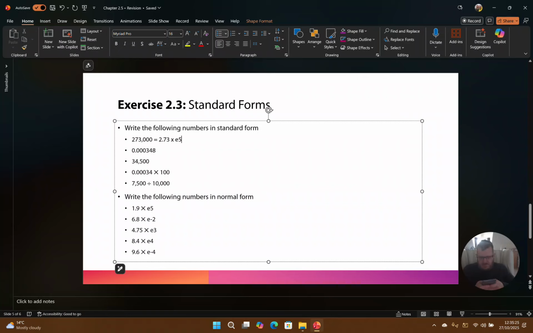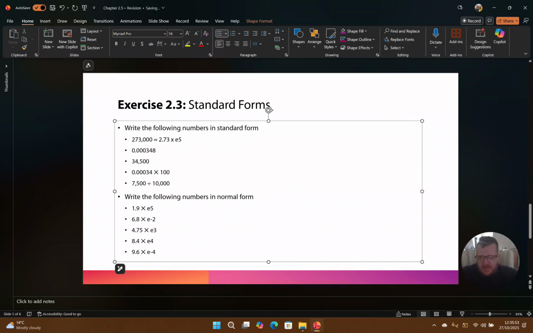And that is 5. No. We'll try that again. And that's the answer that I've got. So I do want to double check these to see if it works. The E in this case symbolises 10.